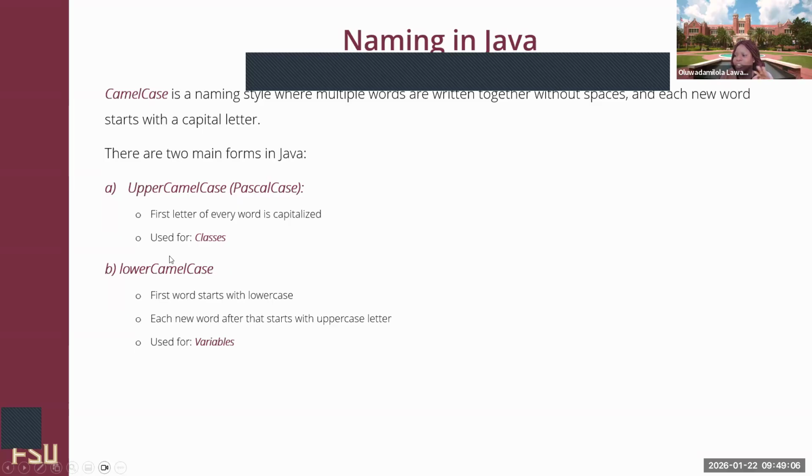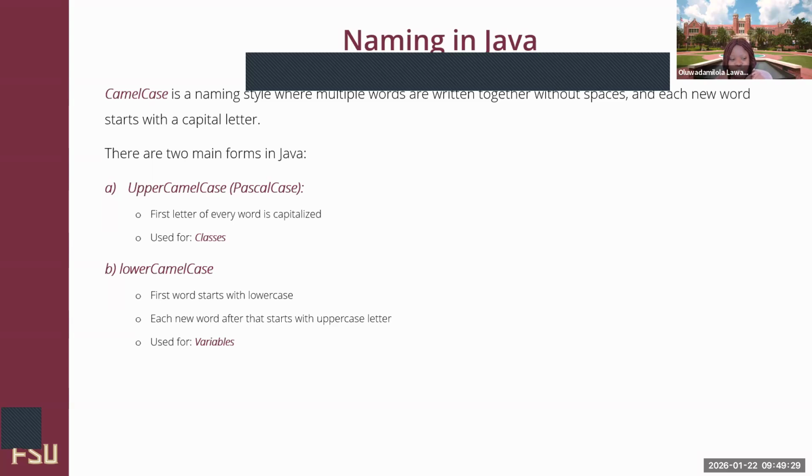In the lower CamelCase, just the way the word is written, the first word starts with a lowercase, then each other word after the first word starts with uppercase. Do you understand me?